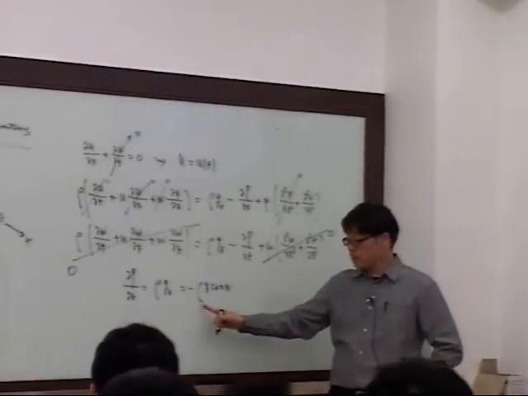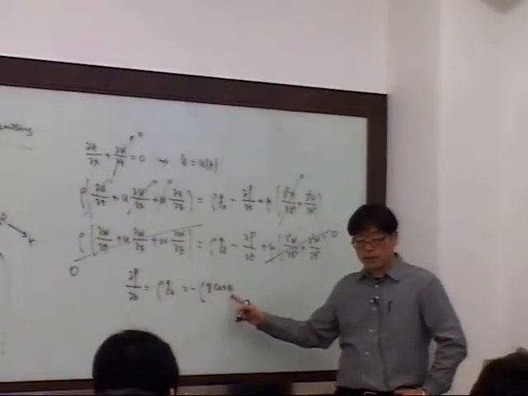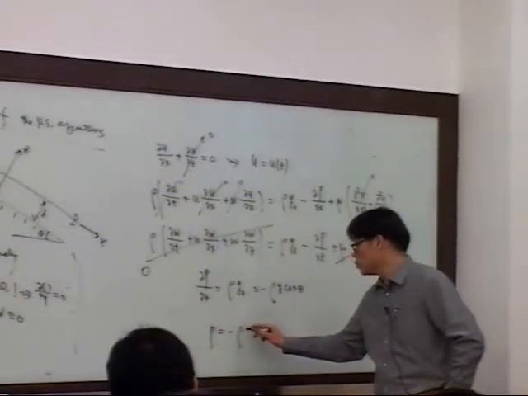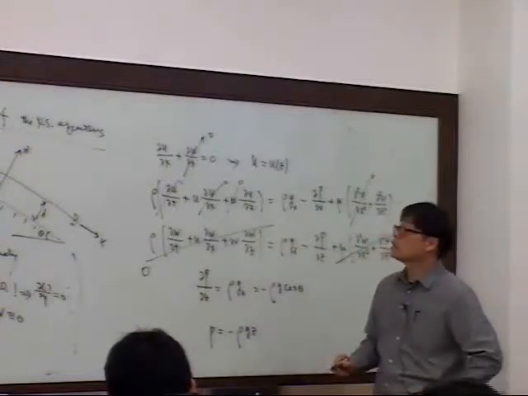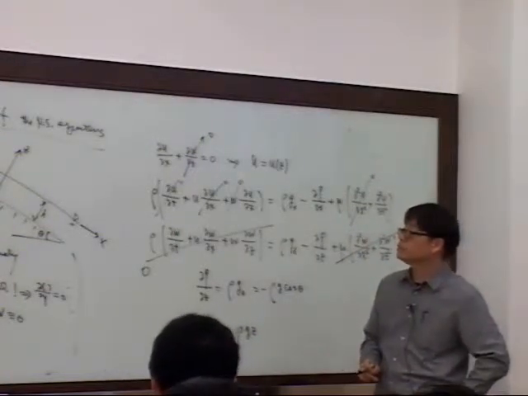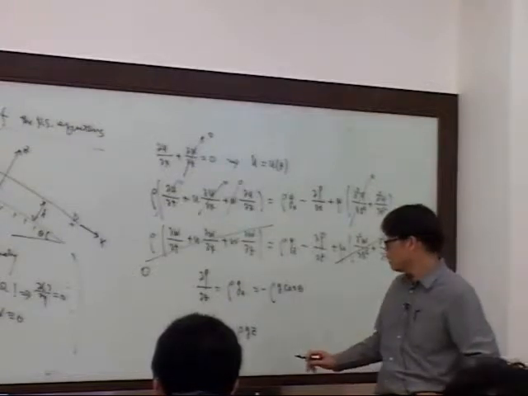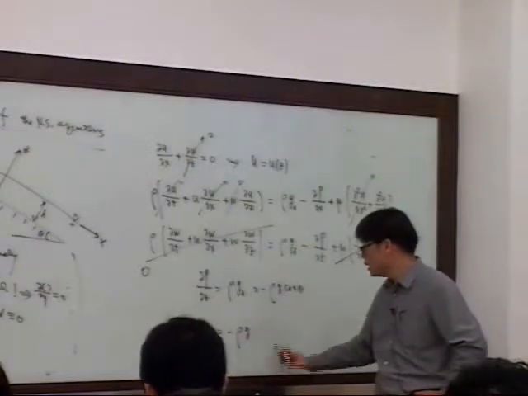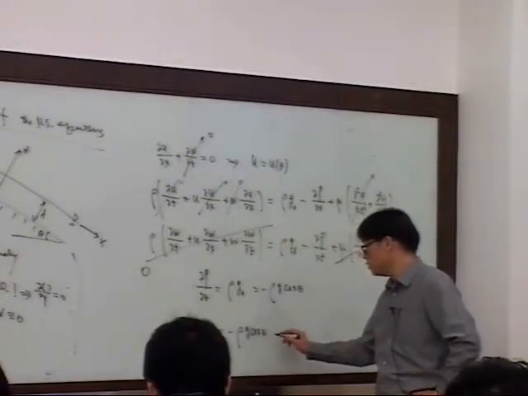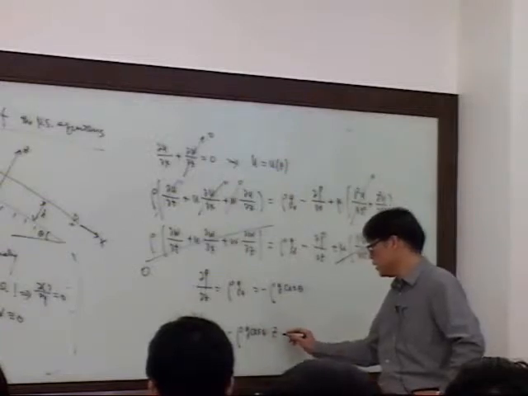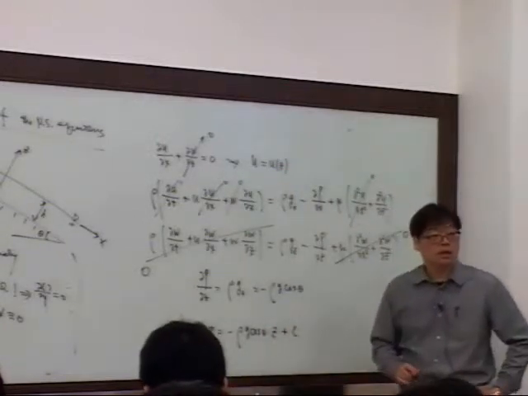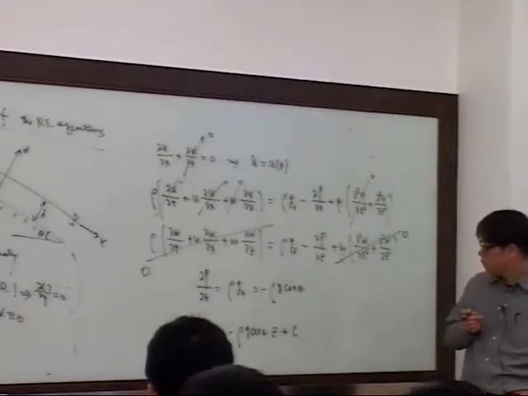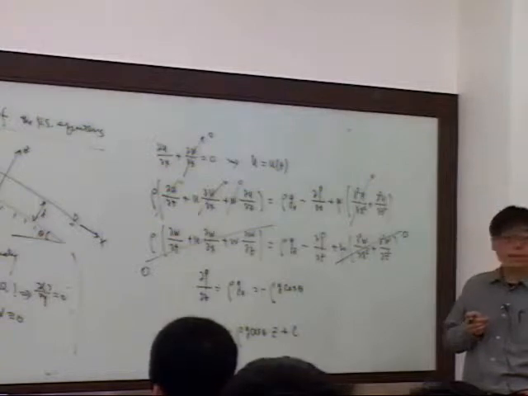Rho is constant, as I said, G is constant, angle is fixed, and therefore P is minus rho G cosine theta times Z plus some constant, like this, okay?